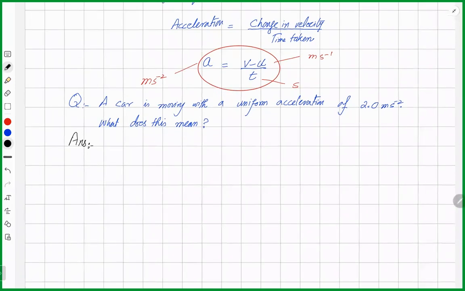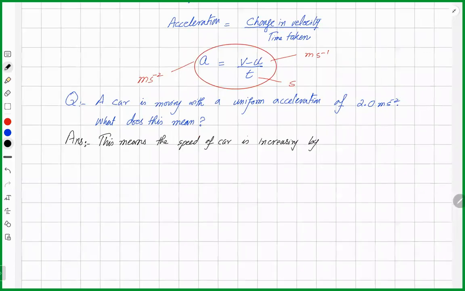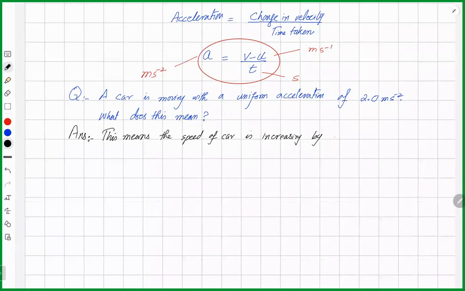So answer will be, this means the speed of car is increasing by 2 meters per second in 1 second, or in each second.